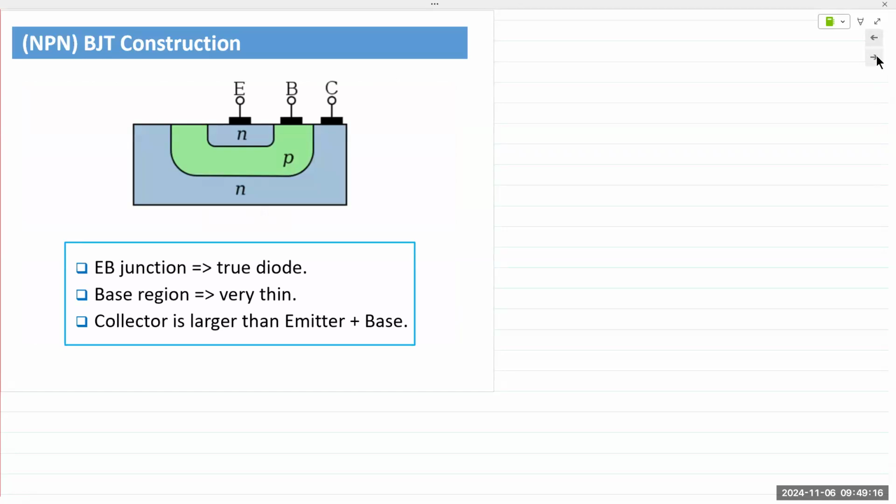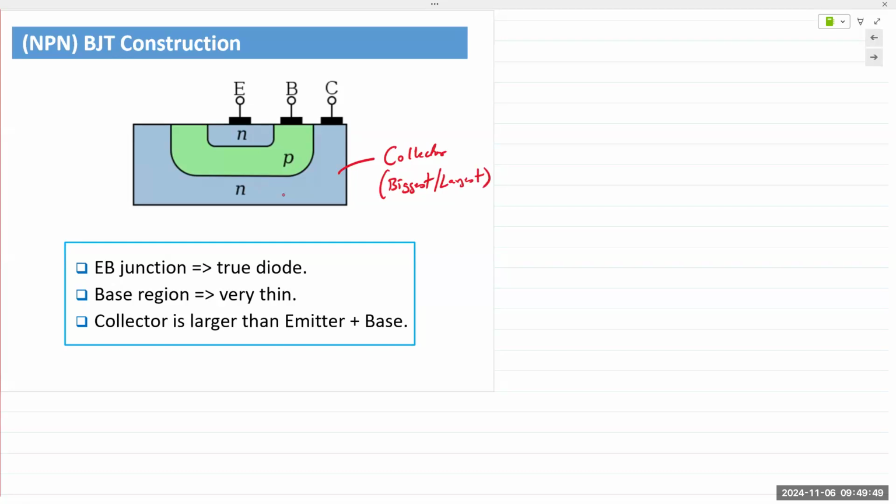So we have an N-type material, so this is an NPN transistor. The collector is the largest structure in the device. It encapsulates both the emitter and the base within its region.